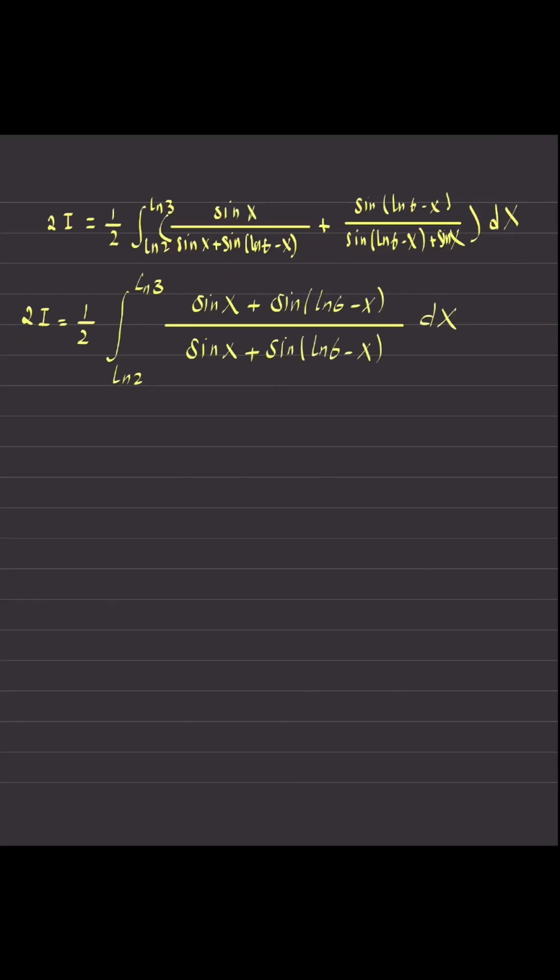But now this expression and that expression are exactly the same, so they are cancelled, so I will get 1. So if I repeat this once more, 2I becomes 1/2 integral from ln of 2 to ln of 3. My integrand becomes simply 1 dx, but this is extremely easy to calculate because a primitive function for 1 is just capital X. I have to run it from ln of 2 to ln of 3.